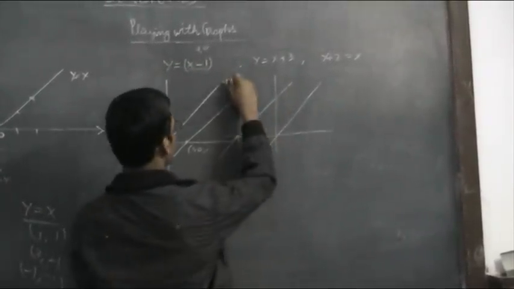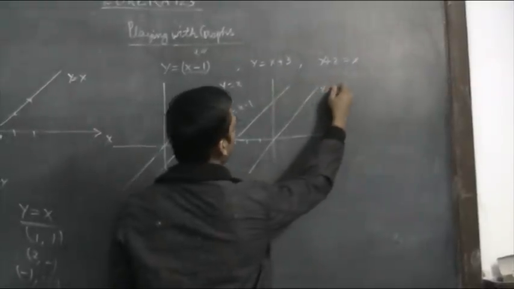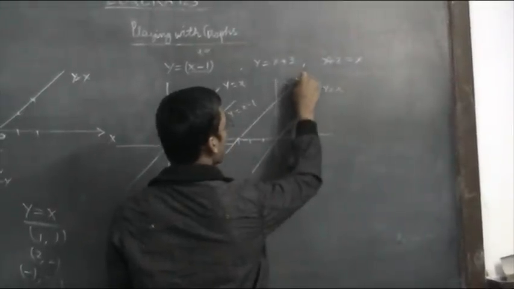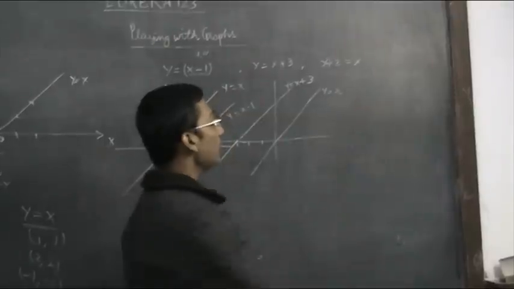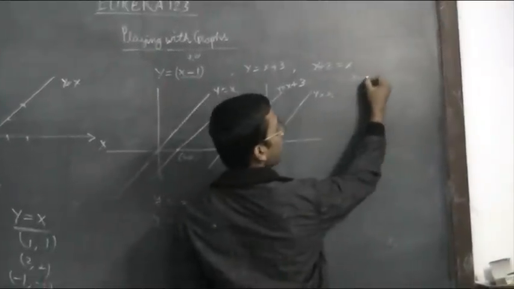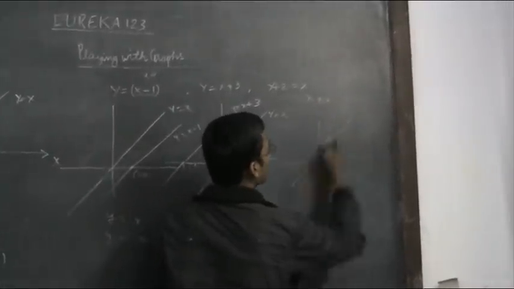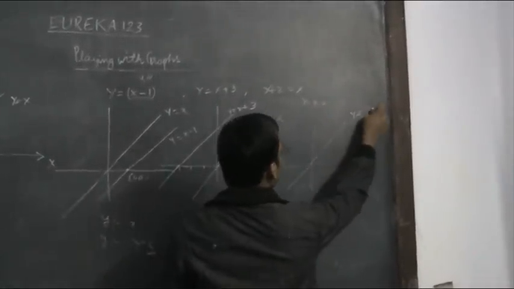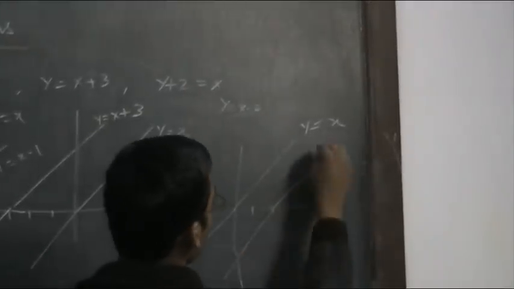So if this is y equals x, this was y equals x minus 1, this is y equals x, this is y equals x plus 3. Similarly, y plus 2 equals x, what will it be? This is the same as y equals x minus 2. So we can say this is y equals x, and we will shift it towards the right by 2 units. So this is y equals x minus 2.